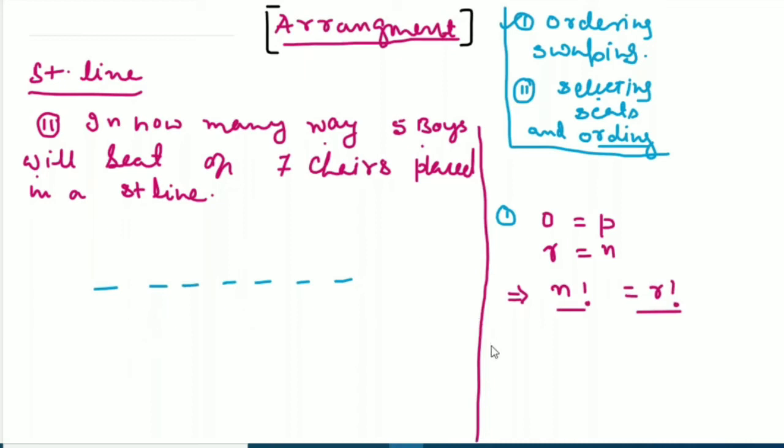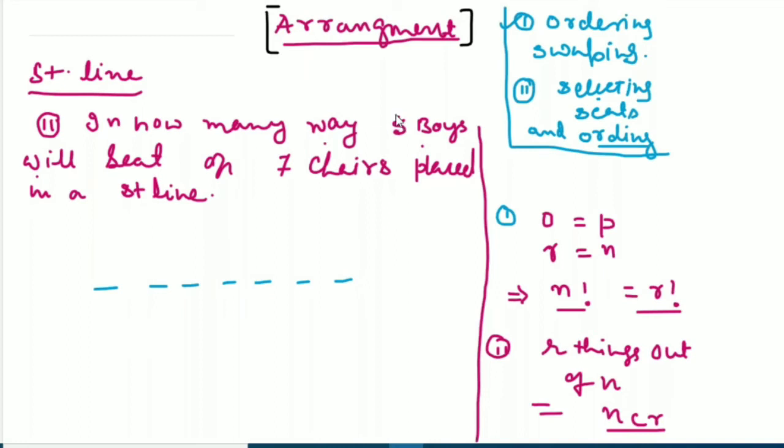So remember this. Selection of R things out of N will be done by NCR. We'll be using the combination technique here, and we'll say that selection of R things out of N things will be done in NCR ways.